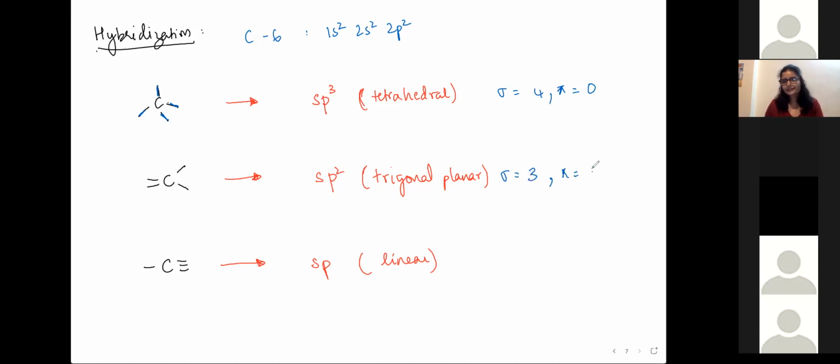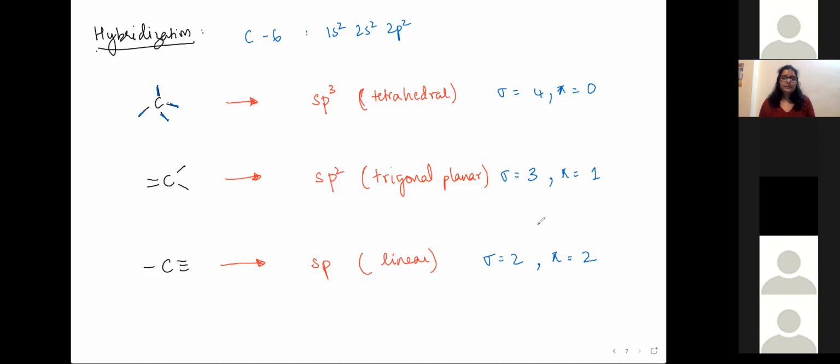That is correct. And in this case, how many sigma bonds, how many pi bonds? 2 sigma bonds and 2 pi bonds. That is absolutely right. These are like your basics. This you've already done in chemical bonding, which we are revisiting over here.